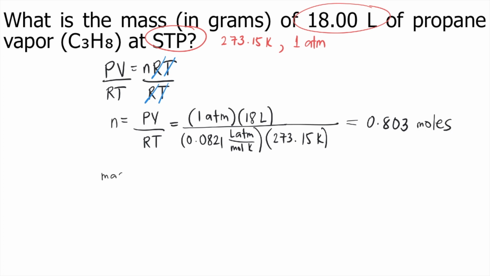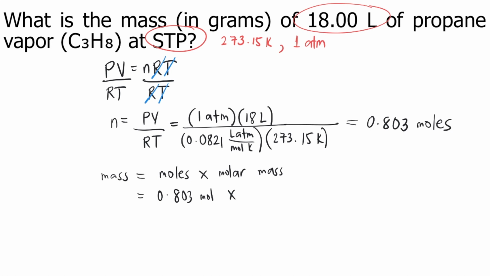Remember that mass is equal to the moles times molar mass. Okay, we already got the moles, 0.803 moles. Now we need the molar mass of propane.